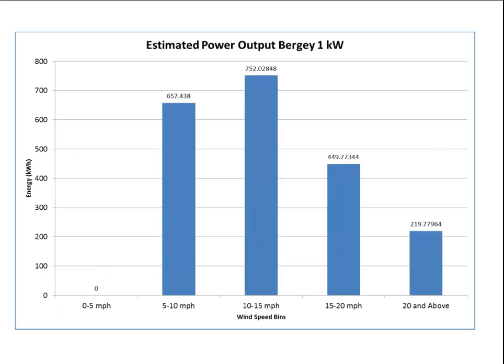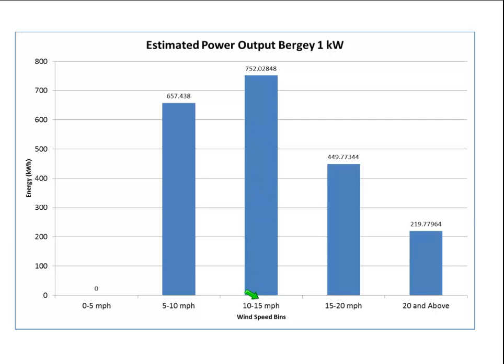There are other ways. And this is what we come up with: we are getting 500 kilowatt hours from the 5 to 10 mile per hour block, 700 kilowatt hours from the 10 to 15 block, and so on. And so we can see that really this is our bread and butter right here, 10 to 15 miles an hour.